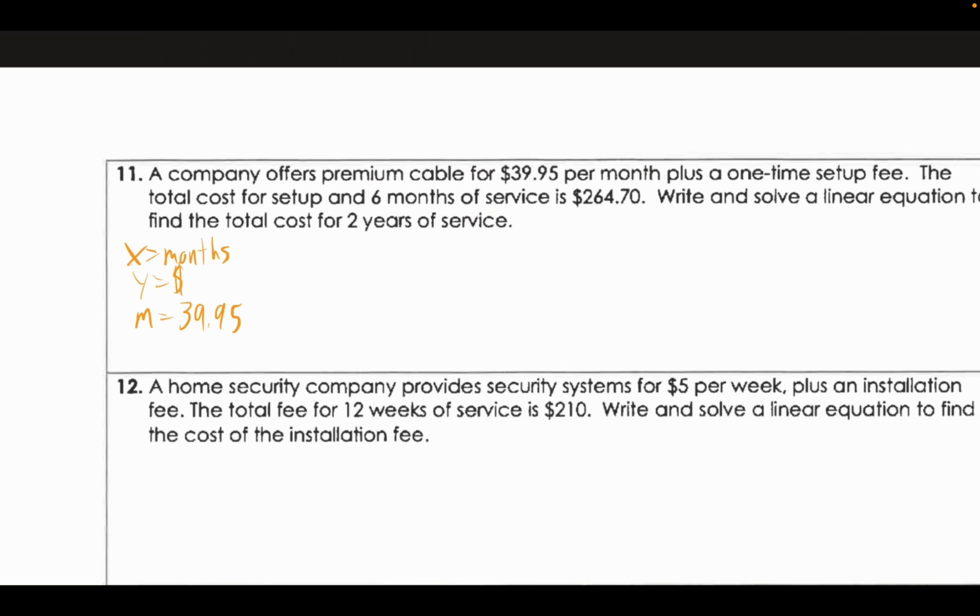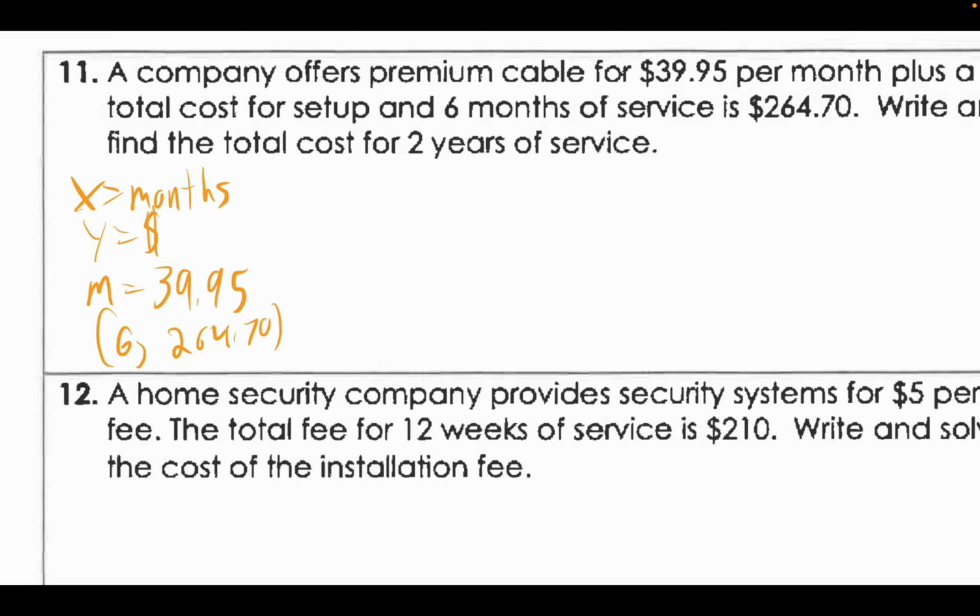And then our ordered pair here ends up being 6 months of service, so 6, $264.70 for the y. So now I plug these in, and I get y minus 264.70 equals 39.95 times x minus 6.